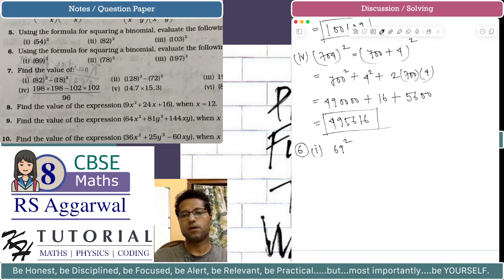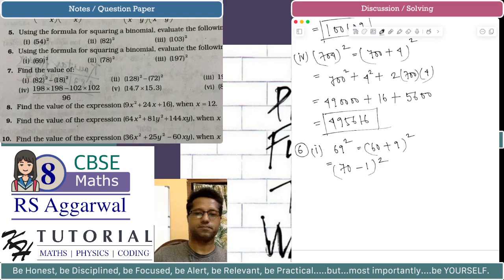Even though it is correct, you can write it as 60 plus 9 whole square. This is fine. But the more appropriate or easy way of writing 69 is 70 minus 1. This will be more easy in calculation.